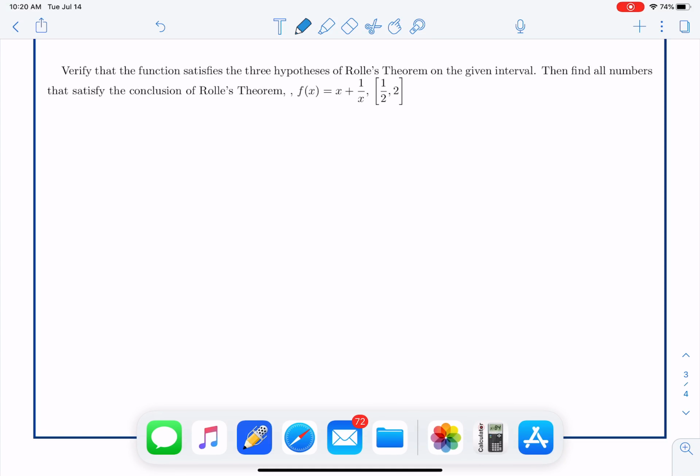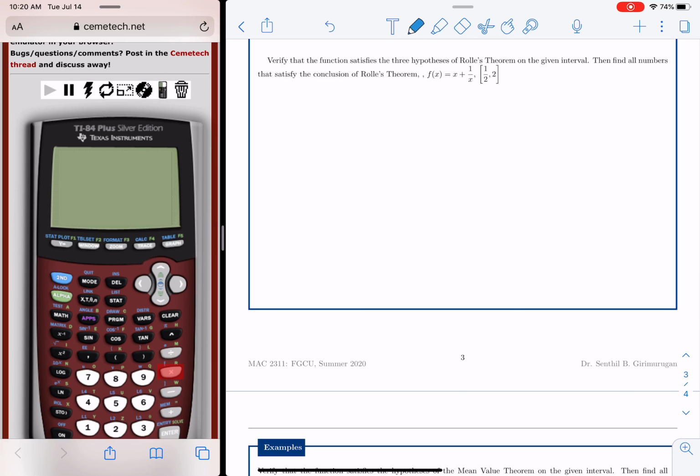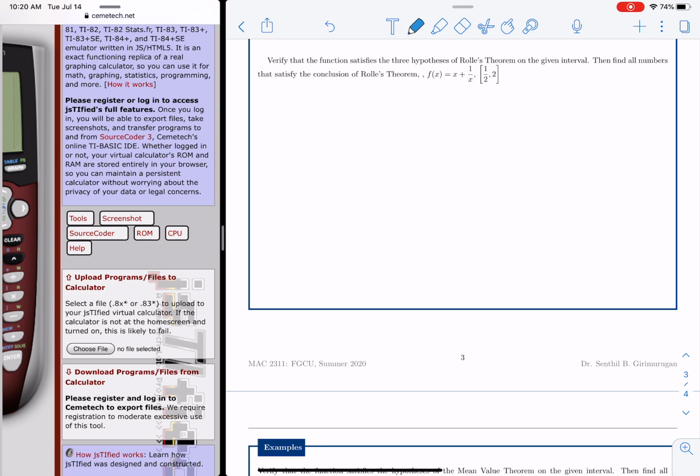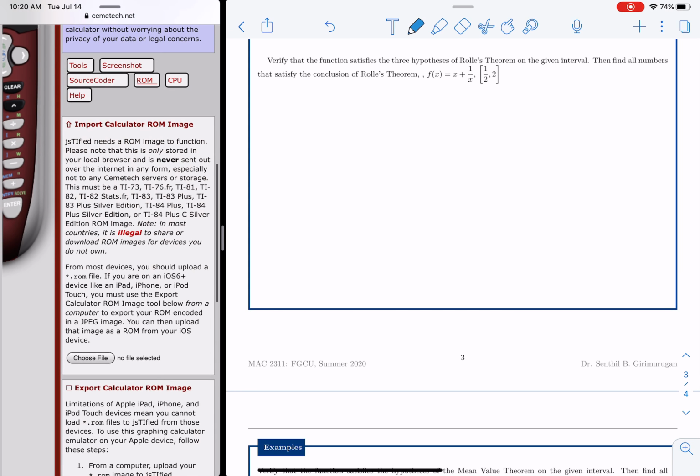Now I think it's better to have a calculator so you can verify if in fact a function is continuous. Let me go ahead and sketch the function.